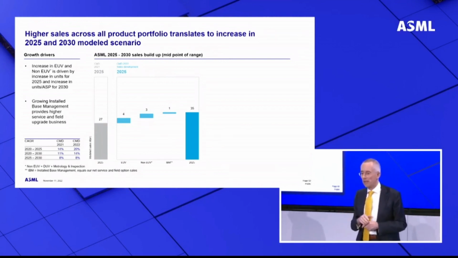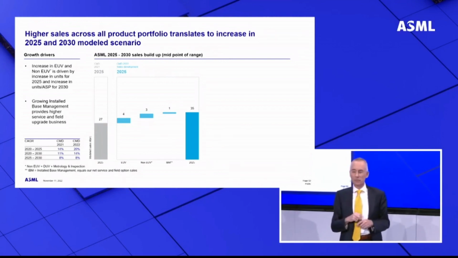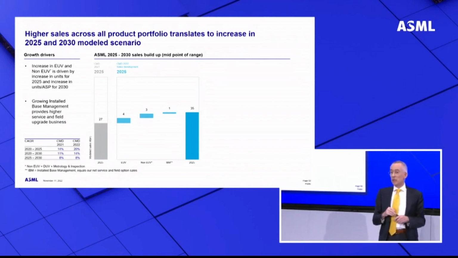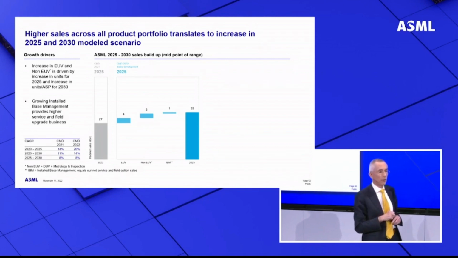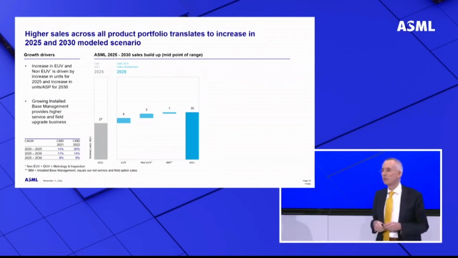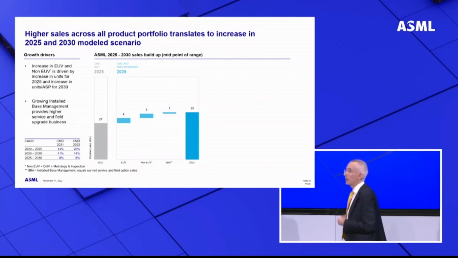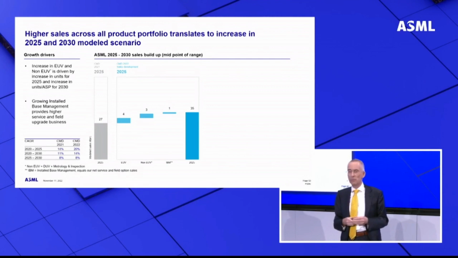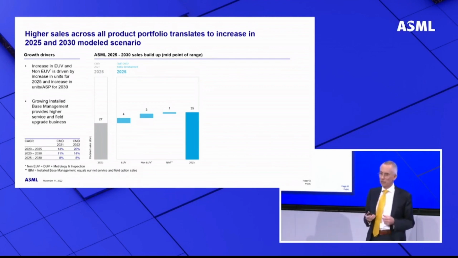You see 4 billion coming out of that from EUV, and that's units in particular. You see non-EUV accounting for 3 billion, and you see the installed base businesses jumping from 6.5 to 7.5 billion, and that gives you a 1 billion delta there. So that's the way to come from the midpoint of last year to the midpoint of this year.